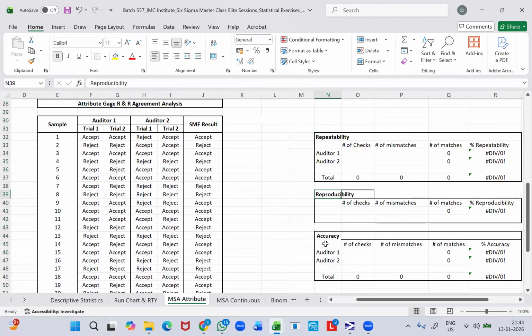The second one is reproducibility. And the third one is accuracy. So repeatability and reproducibility is the expansion of R and R here, the title. So when I say gauge R and R, gauge is normally considered as a measuring equipment, right? So when I say gauge R and R, we are talking about repeatability and reproducibility, right? And we also have a third metric, accuracy.